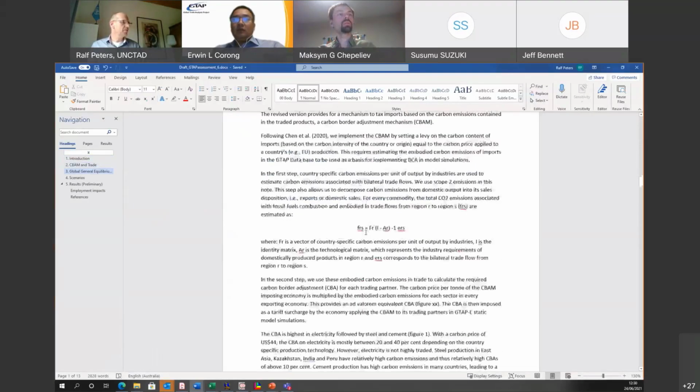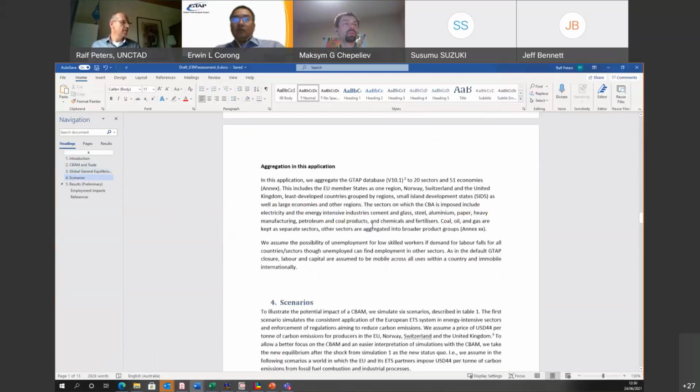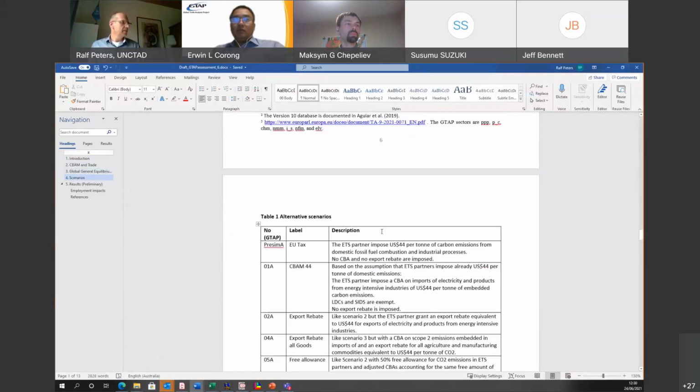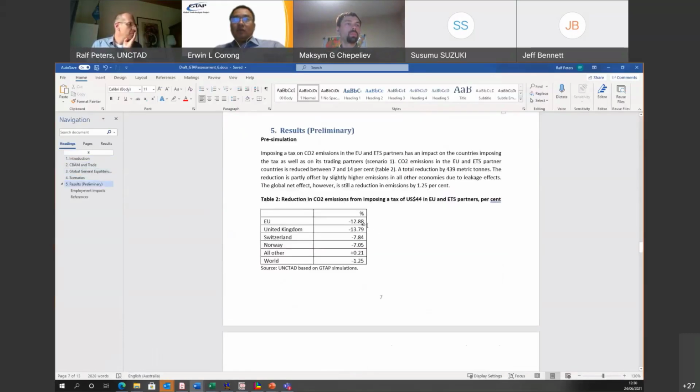If you can still see my screen, does this show the leakage here? So we have a reduction in the EU, but this is in percent of its own reduction, so this may not really show the leakage effect.